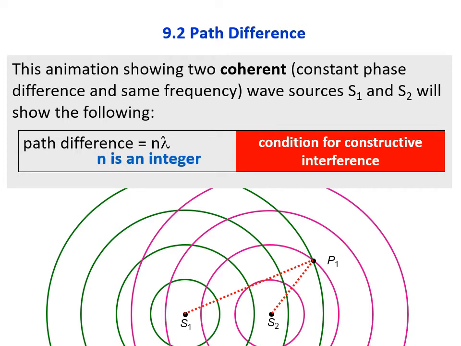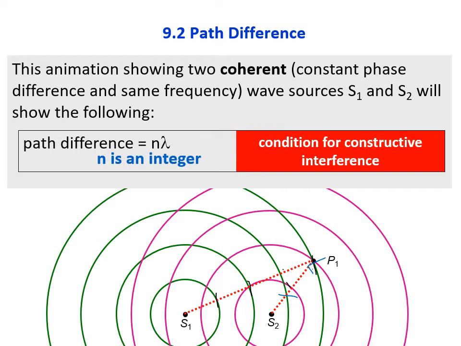And we have the distance between source 2 and P1 labeled as shown. We can count the number of wavelengths: that's 1, 2, 3, 4 wavelengths of distance between S1 and P1. And for S2 and P1, we have 1, 2 wavelengths of distance.